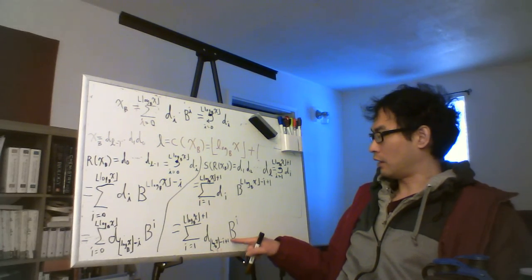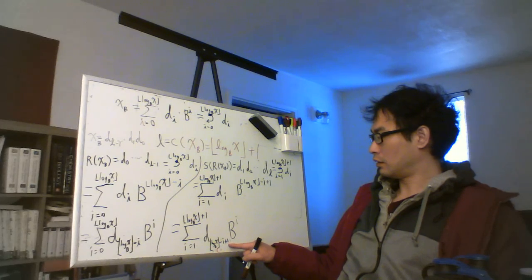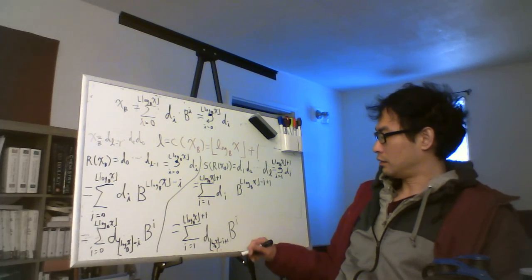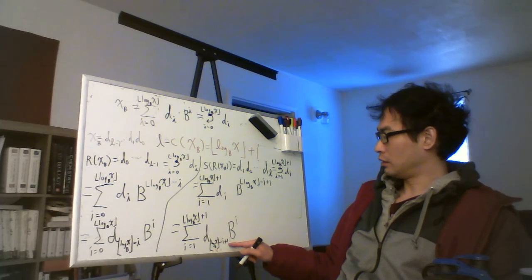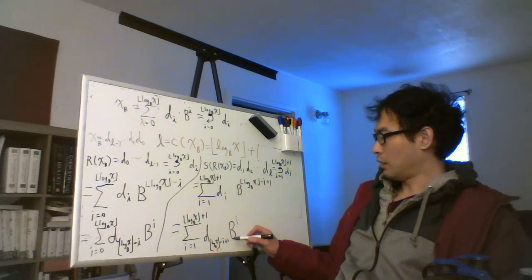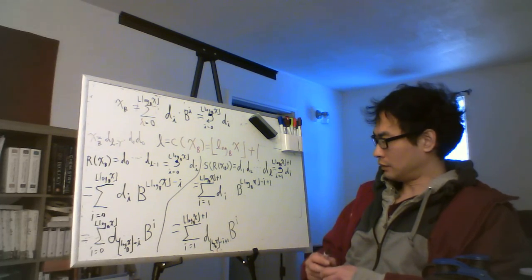When i is 1, it is D_L. No, D_L minus 1? Okay. When i is 1. How about this? Okay.